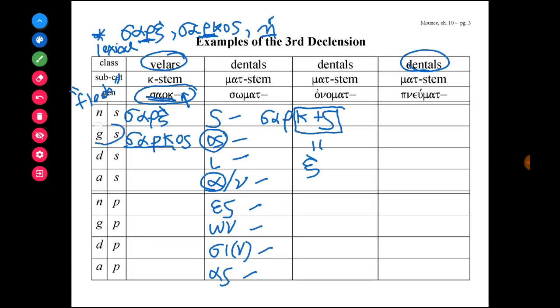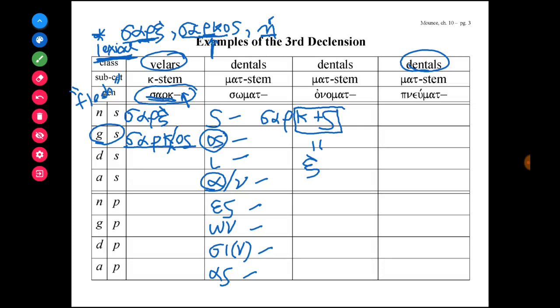But in the genitive singular, sarcos, you clearly see the stem sarc plus the case ending os. That's why, when we parse words and put down the lexical form, it's very important for third declension nouns to write out the nominative singular, the genitive singular, and the article. It's the genitive singular that tells you what the stem is, and with that stem you add all the other case endings.